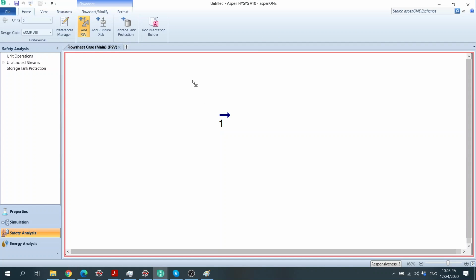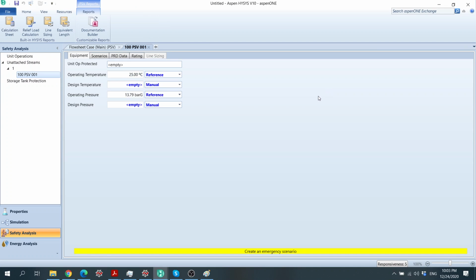Nah, and then we add in, I don't know. Yeah, okay. So we can just click on the PSV and then tap to it, and then double click. Yeah, create emergency scenario. Operating temperature reference design temperature, yeah, make 50.